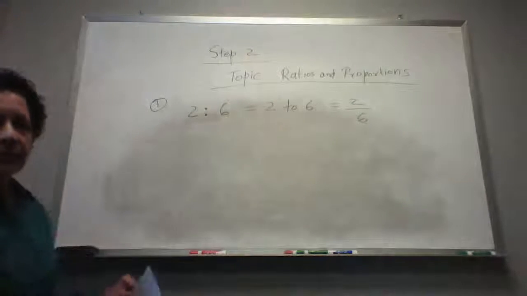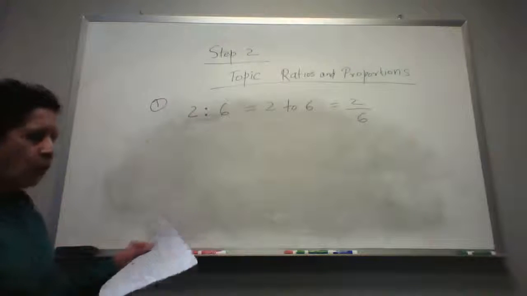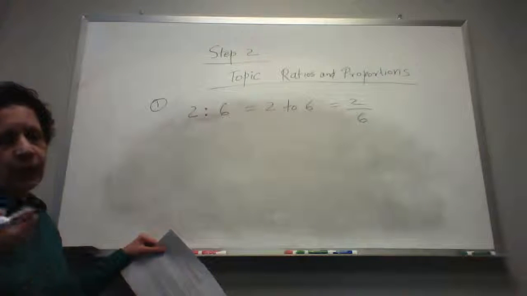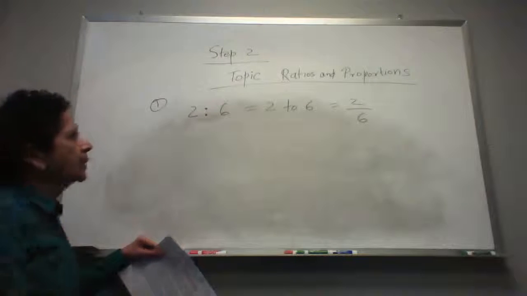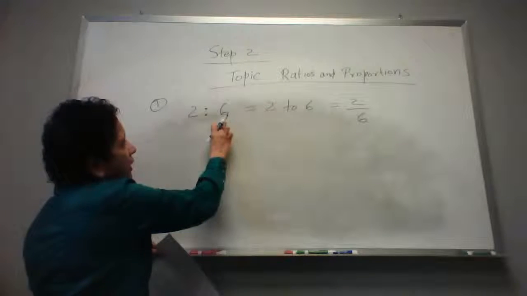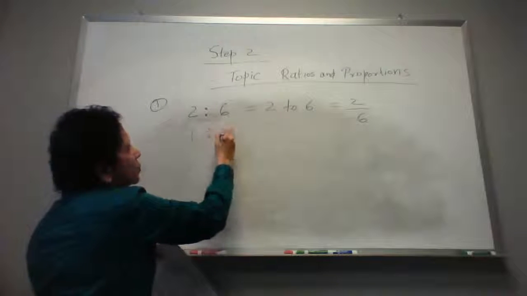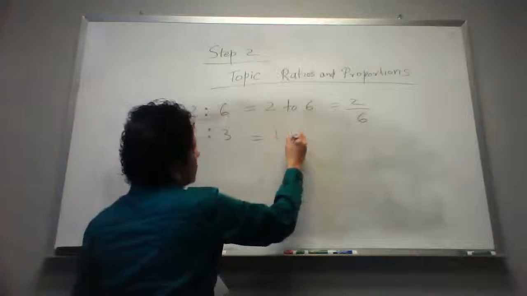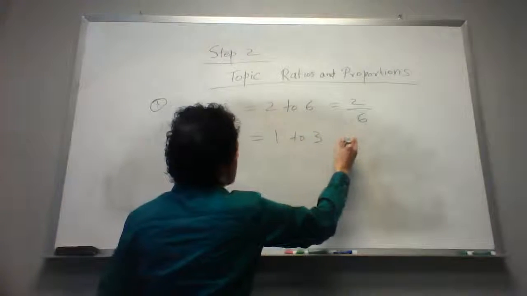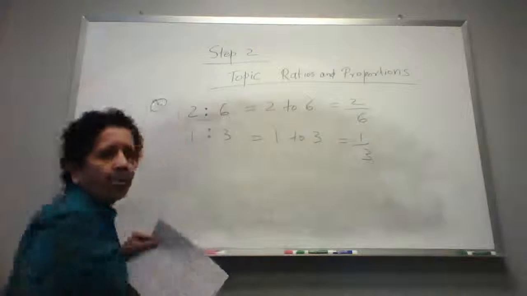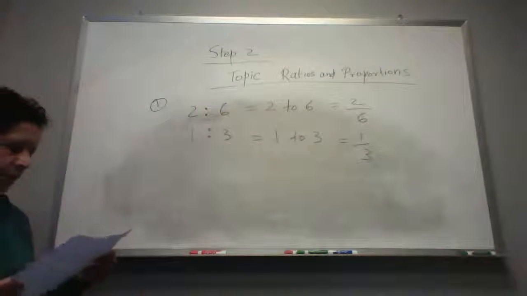So they all mean the same thing, right? And normally, when we write the ratio, we reduce it to the lowest term. So 2:6, if you take the common factors out, that is the same as 1:3. That's the same as writing 1/3. Okay? So that's the first problem.